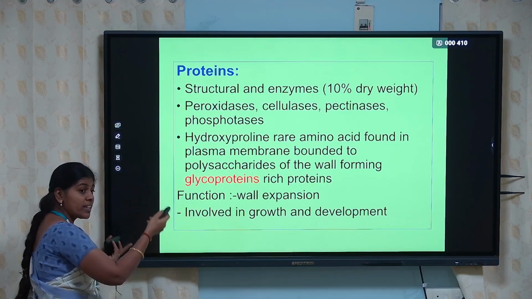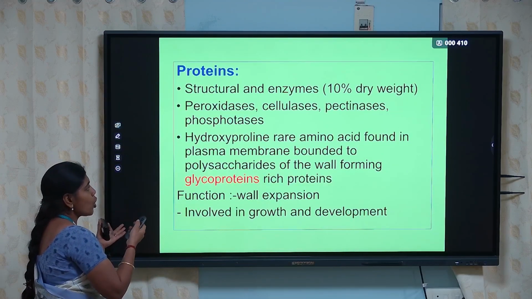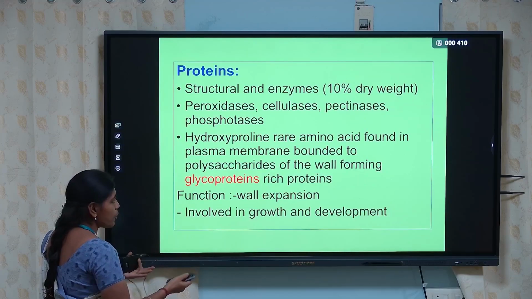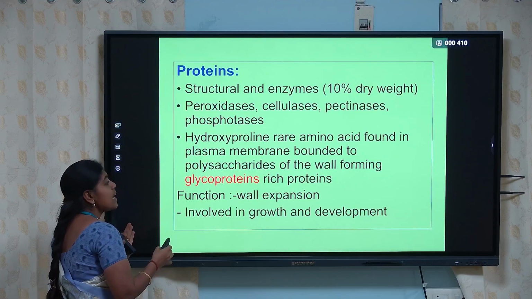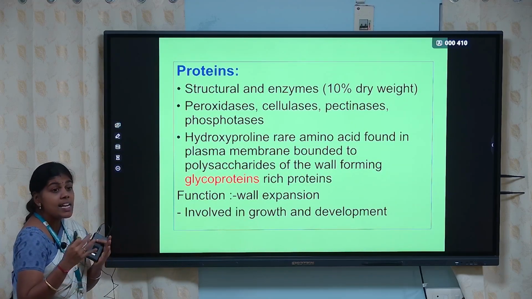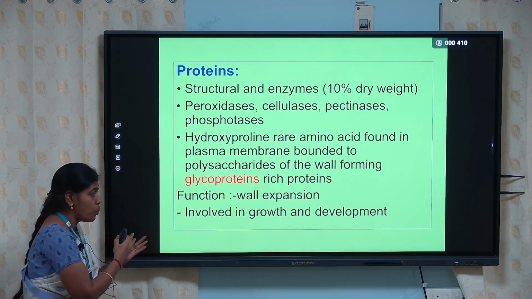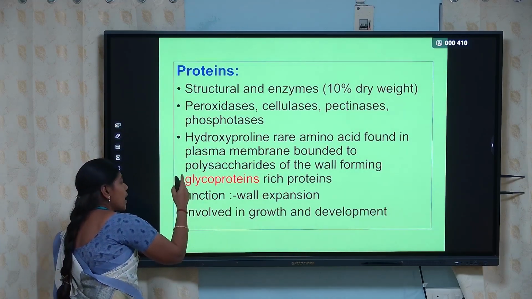So many proteins are located in the primary cell wall, and hydroxyproline, a rare amino acid found in the plasma membrane, is bound onto the polysaccharides, forming the glycoproteins, that is the rich protein located in the cell wall. So don't forget that word.